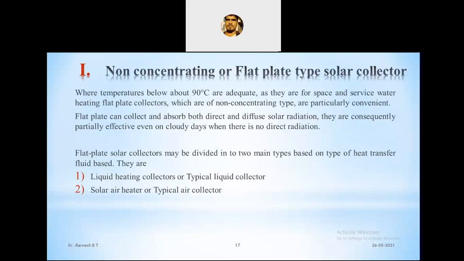So the ultimate theme of the greenhouse effect is just to trap the heat from the sun, that is, solar radiation. Now first we will discuss one important type of solar collector, the non-concentrating or flat plate solar collector.